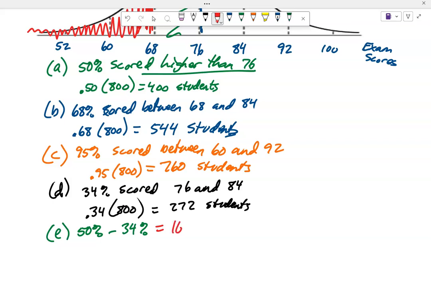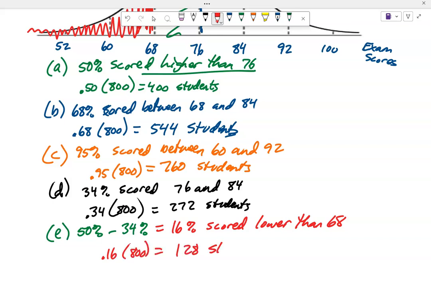So 16% scored lower than 68. Well, how many students is that? Well, 16% of 800 is 128 students.